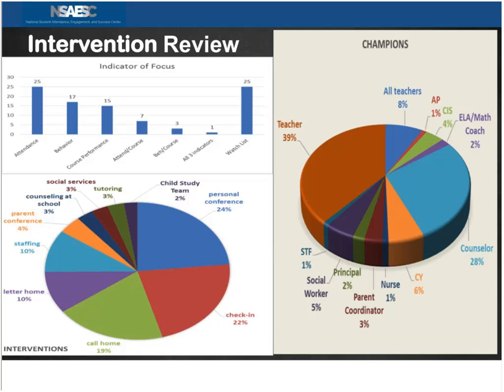So where you see attendance/course performance, that's in situations where their attendance actually impacted their course performance, which resulted in the student being off track in both areas. And then you'll see that the number one was the attendance column at the top. So the majority of their students during this period where they did the intervention review had challenges with attendance.